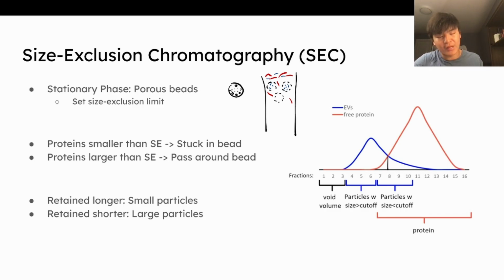But we have some overlap, right? Because by random chance, some of these large proteins might be a little unlucky and hit a bunch of pores on the way down. And some small proteins will get real lucky and zoom right through the pores somehow. To minimize that chance, what we can do is increase the column length, or decrease the pore size.